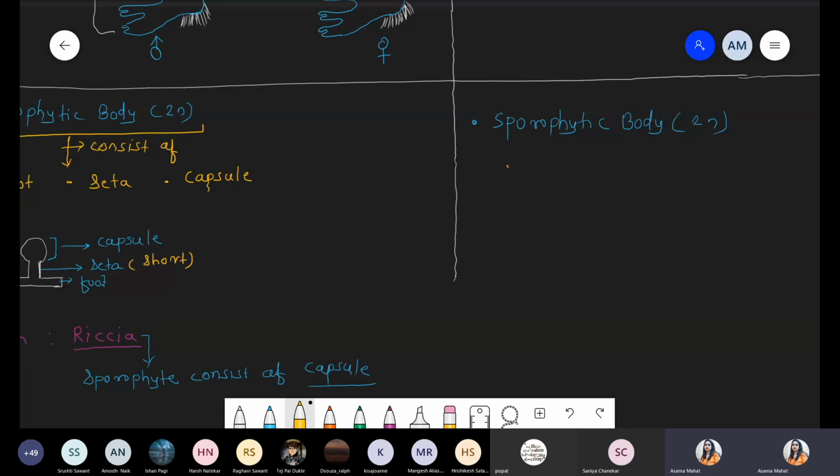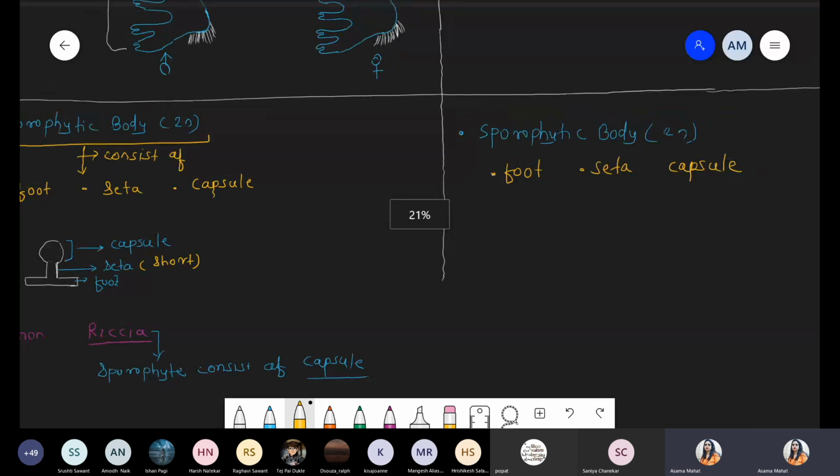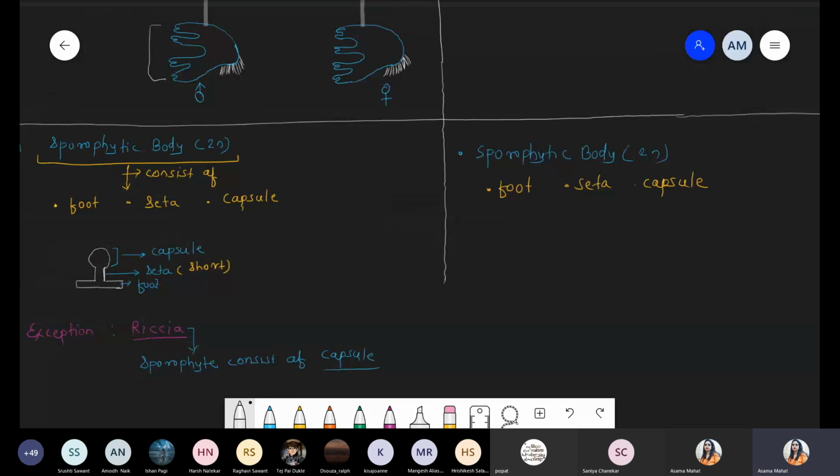And true, the base part is present, that is foot, the second part that is seta, and the third part that is capsule. But there is some modification. Modification means that seta is comparatively long, greater in length.